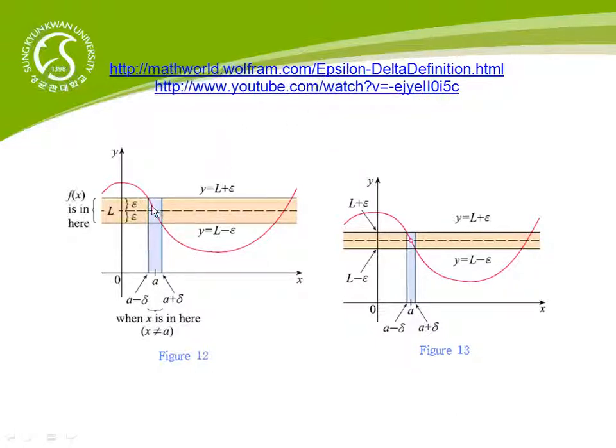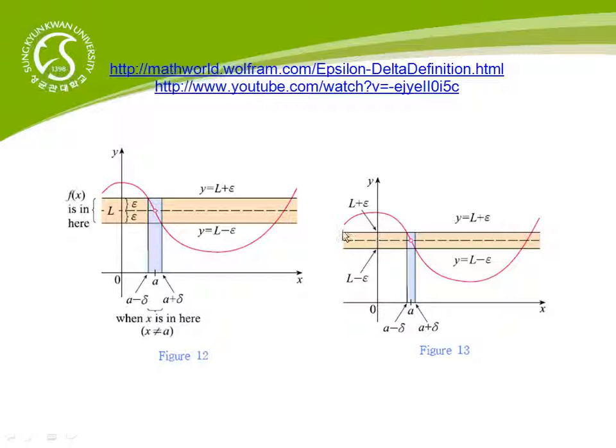This graph shows the meaning of the epsilon delta. For arbitrarily chosen epsilon, in this bar, if we can find the delta such that the function is in this box, then we call the limit of the function at A this value, L. That's what it says.